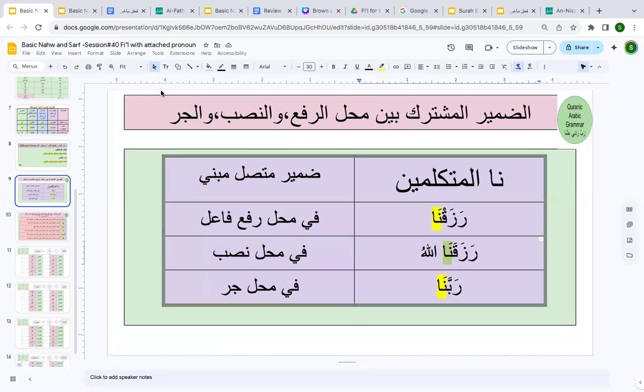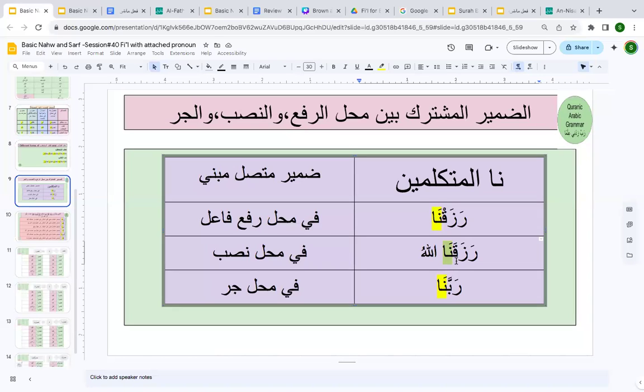My dear students, remember, whenever na is at the end of the word, look at the haraka of the letter right before it. If it is khalaqna, razaqna, nasarna, your na is your doer pronoun. It is your inbuilt pronoun of your fi'l.